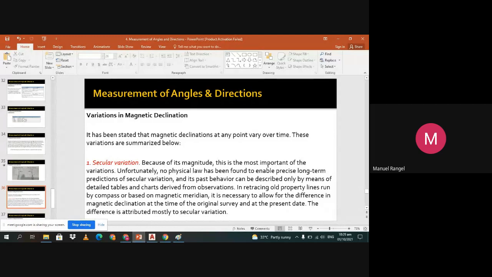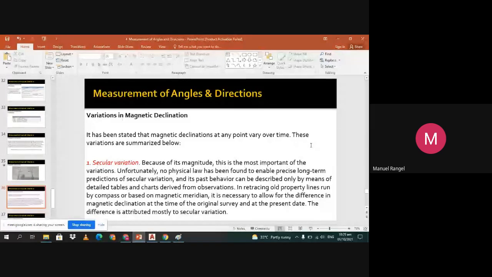So these variations are summarized below. We have one, secular variations. Because of its magnitude, this is the most important of the variations. Unfortunately, no physical laws have been found to enable precise long-term predictions of secular variation, and its past behavior can be described only by means of detailed tables and charts derived from observations.